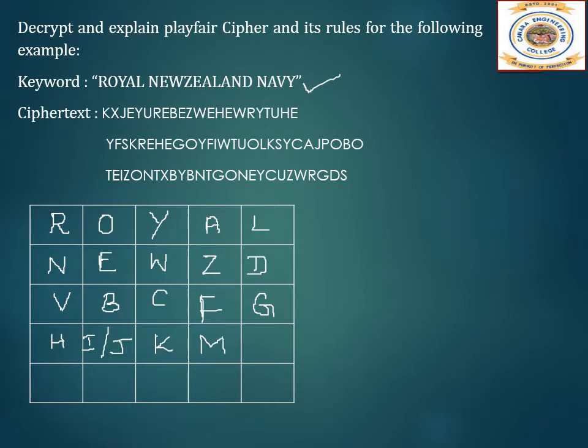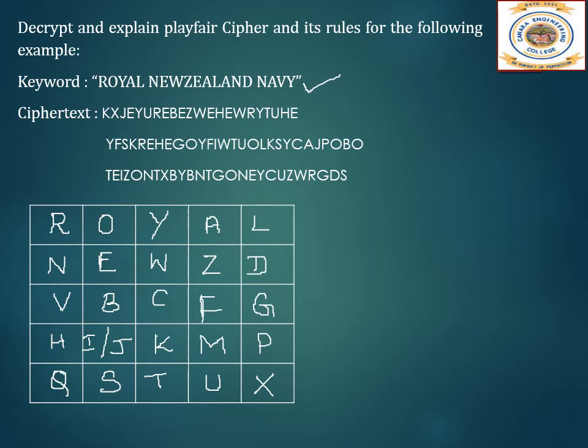O is done. Then we have P. Then Q. After Q we have R. R is already entered. Then we have S. T. U. Then we have W. X. Y is done. Z is done.